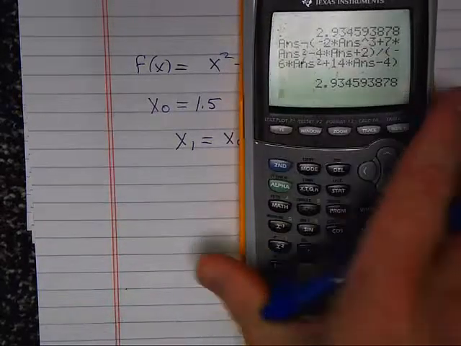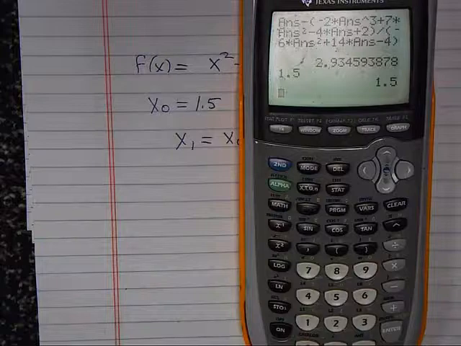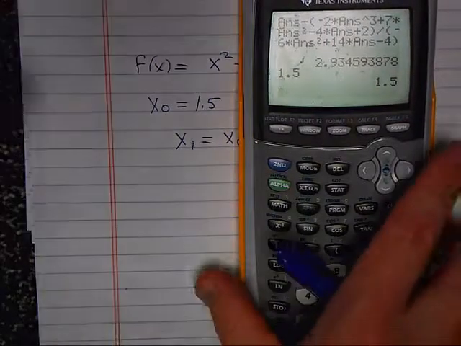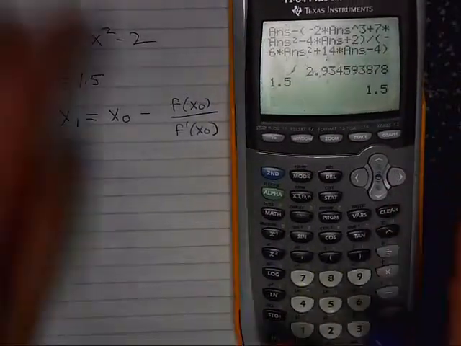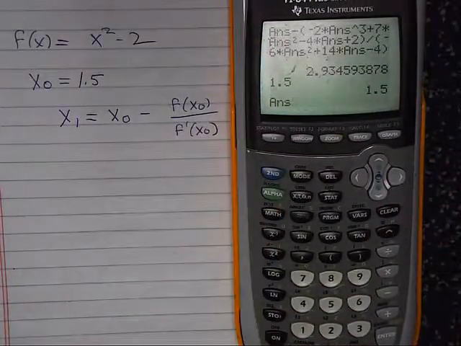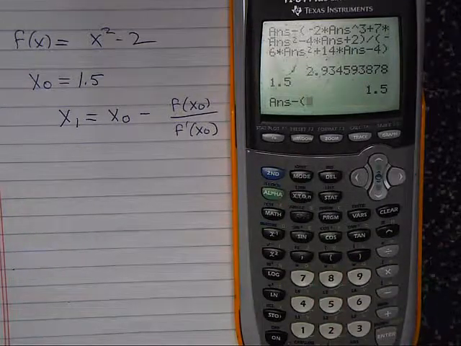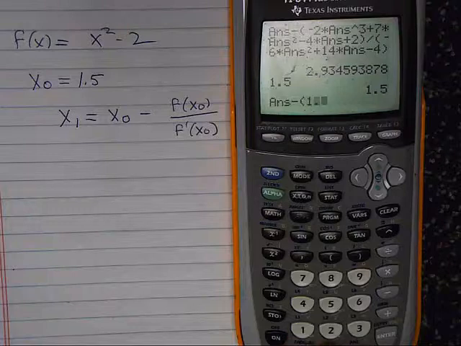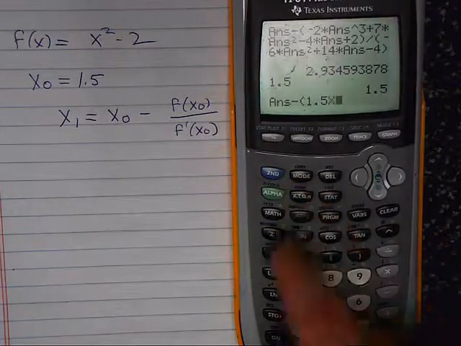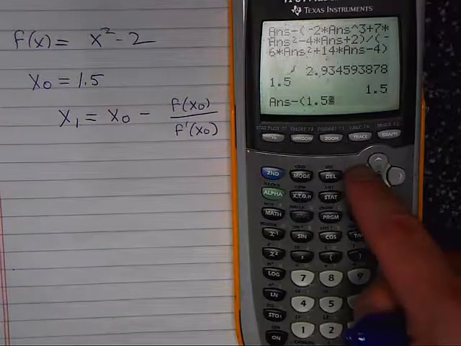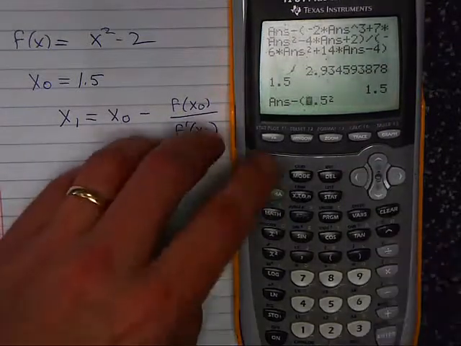I'm going to use my calculator. There's my guess, 1.5. So then I need that number, 1.5, minus, I plug 1.5 into the original. No, I don't want 1.5. I want answer.